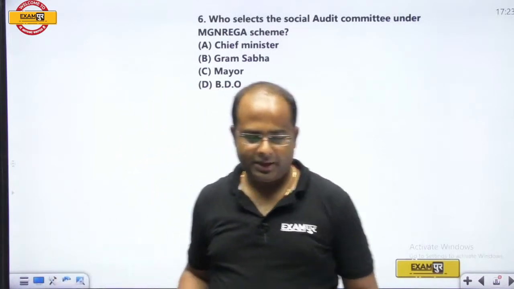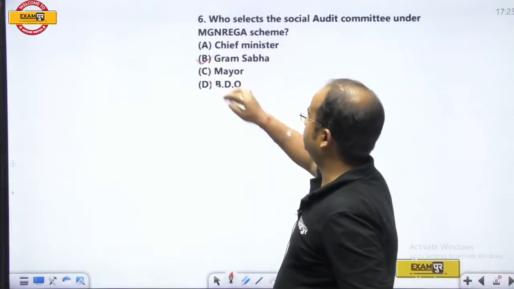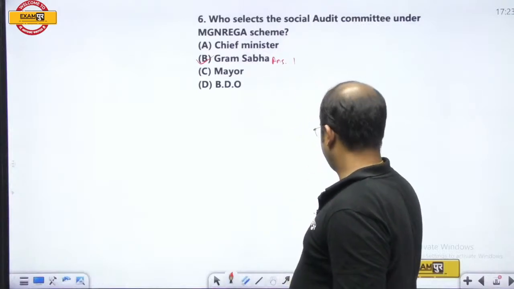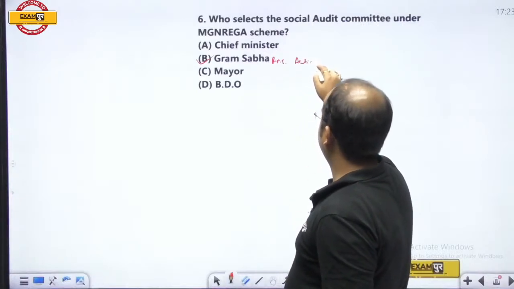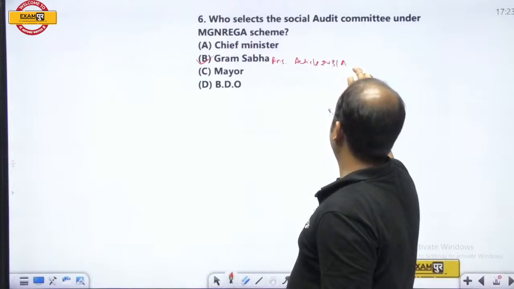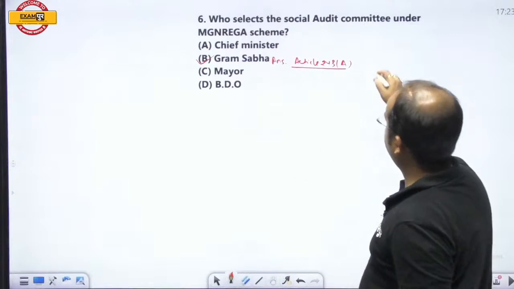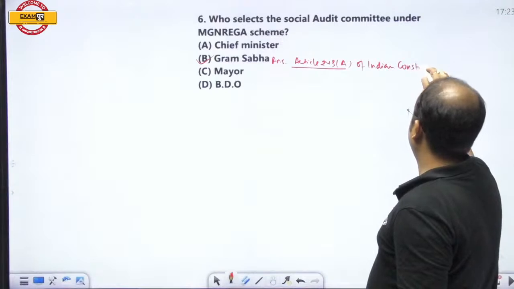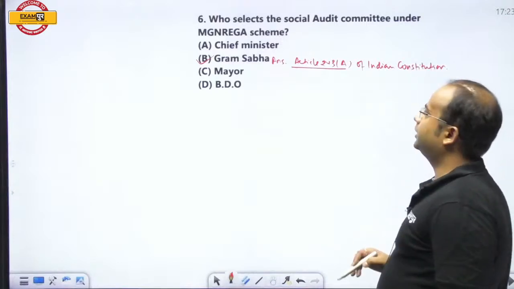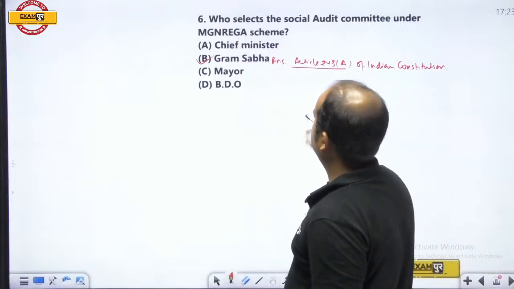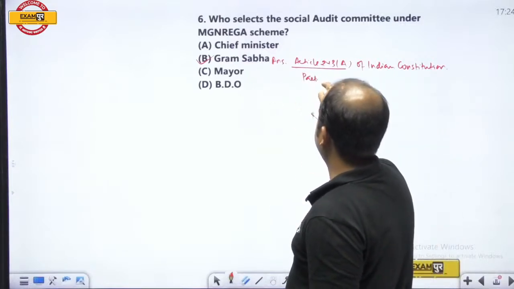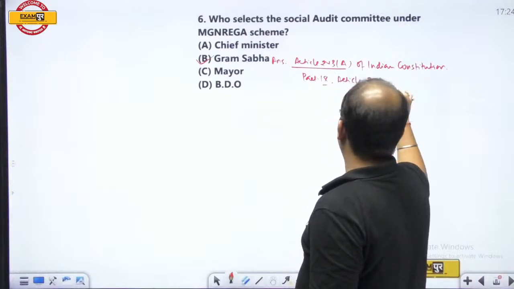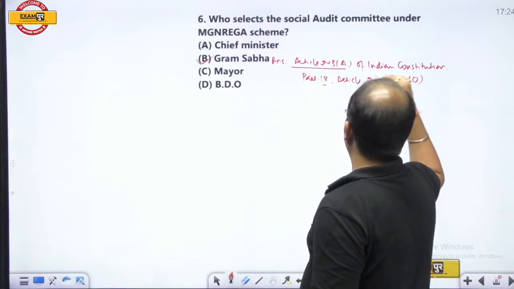Guys, the social audit committee under the MGNREGA scheme is done by the Gram Sabha. And the Gram Sabha, guys, is mentioned in Article 243A of the Indian Constitution. You will find that it is in Panchayati Raj, in Part 9, Articles 243 to 243O.